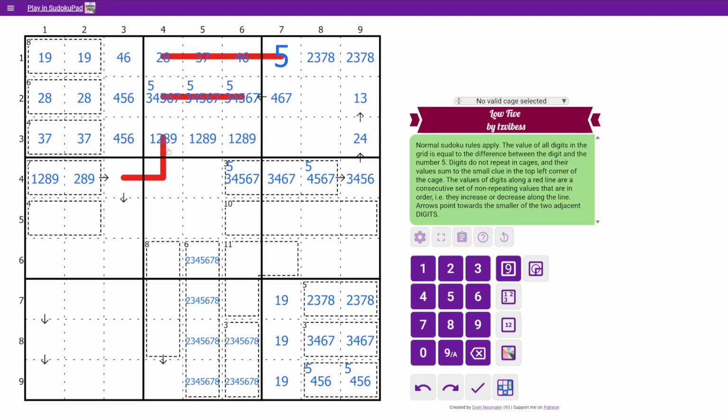What else do I know of this, maybe? This is starting with a 3 or 4. I guess since I know that it's starting with a 3 or a 4, this is a 3 or a 2, and this is a 2 or a 1.